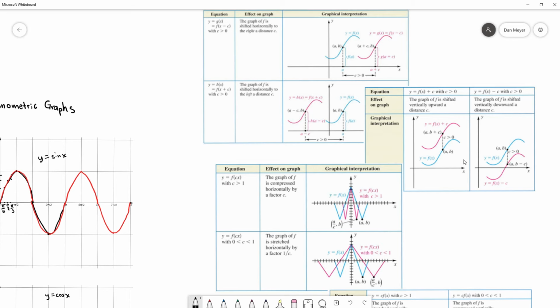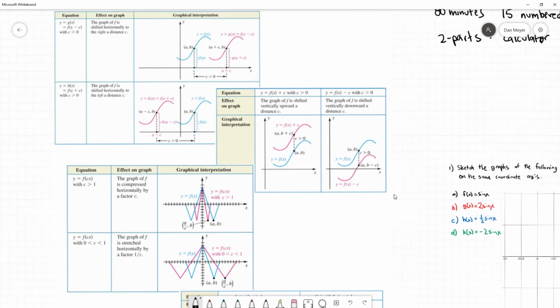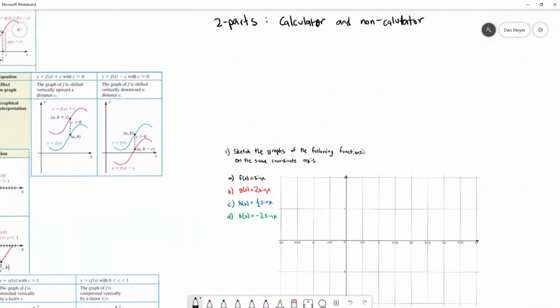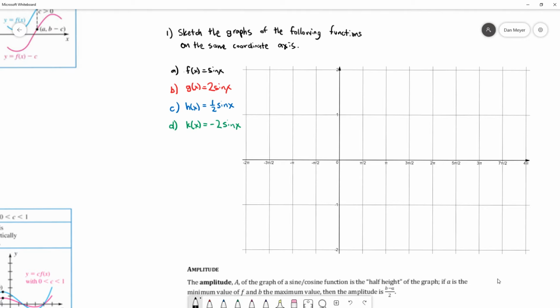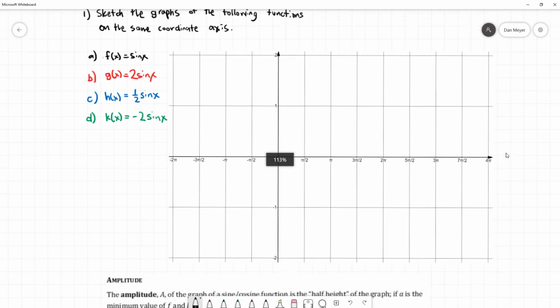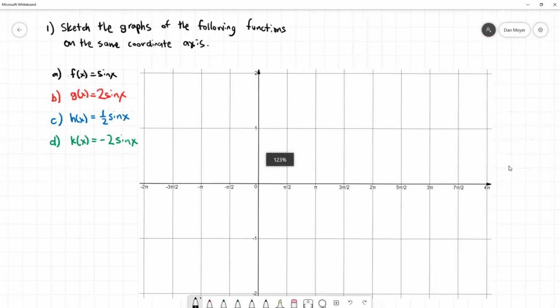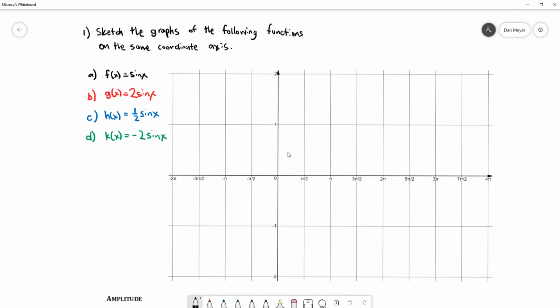All right, so let's go ahead and get into some problems here. First problem, we have 4 functions that we want to graph, all on the same axis, so that we can look at an idea. The first is the graph of sine of x. So I'm going to pop that graph in real quick.